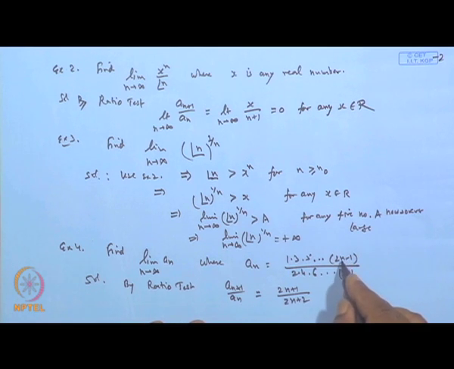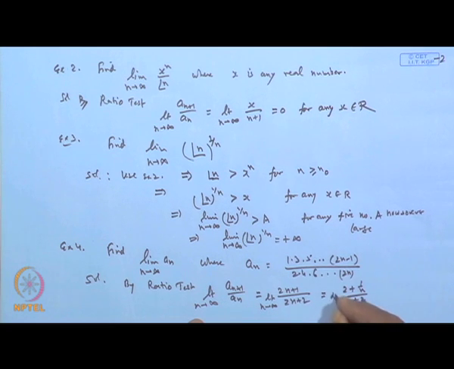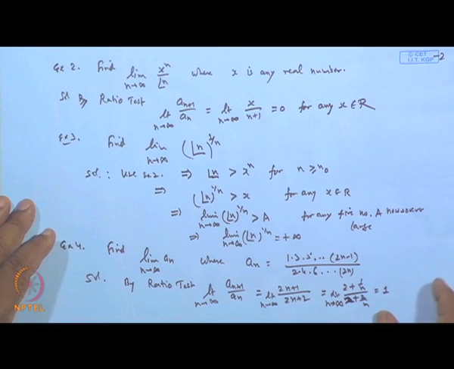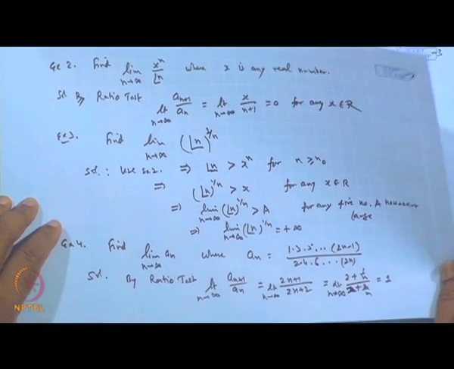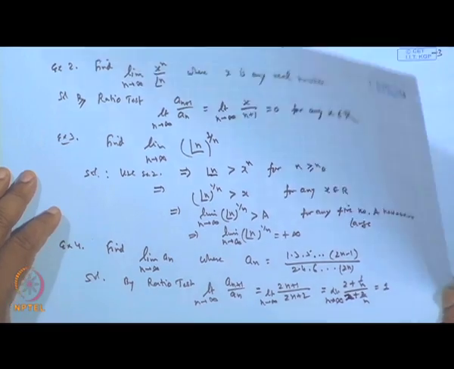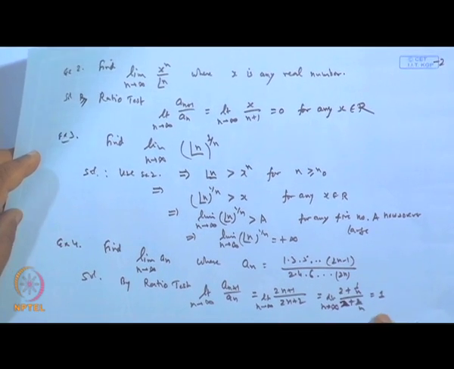The limit of this as n tends to infinity, when you divide by n, comes out to 2 plus 1 by n over 2 plus 2 by n, and the limit as n tends to infinity will come out to be 1.